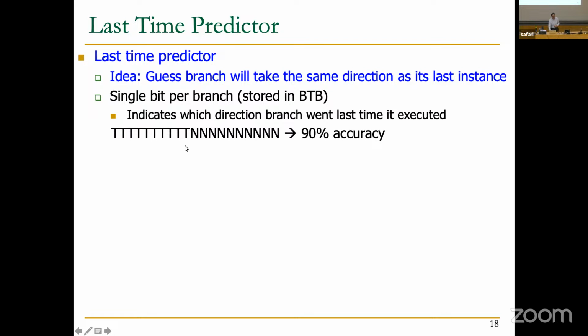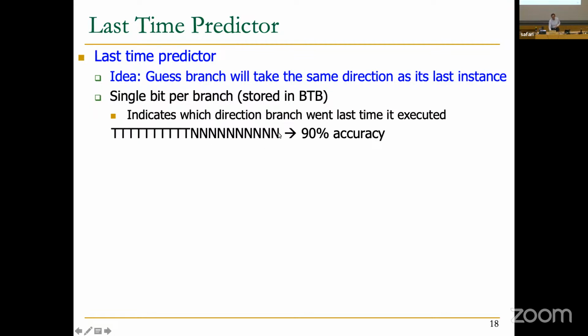Why? Basically, we mispredict the branch only when it changes direction compared to the last time. So the branch in the first 10 instances is taken. So in the steady state, you predict 9 of these correctly, except for the beginning one over here. When you switch direction over here, taken to not taken, you mispredict this instance. You should really predict not taken for the next instance, but you predicted taken because the last instance was taken. And then we're assuming that we're looping in this branch. Basically, the branch shows this behavior, taken and then not taken 10 times each.